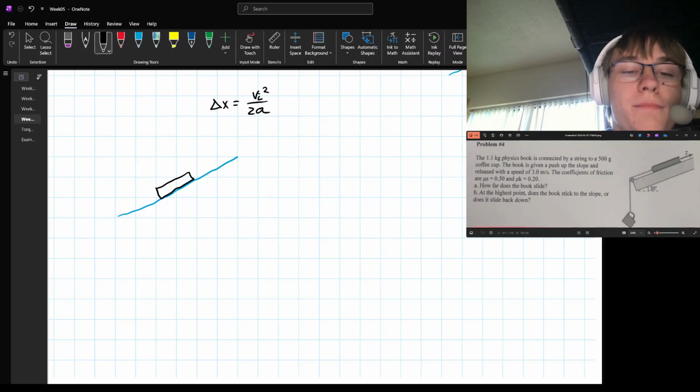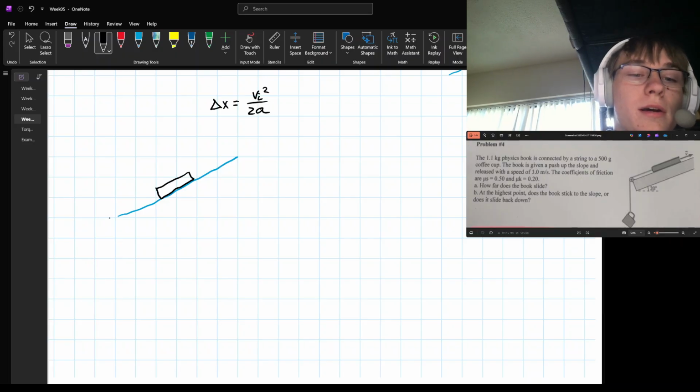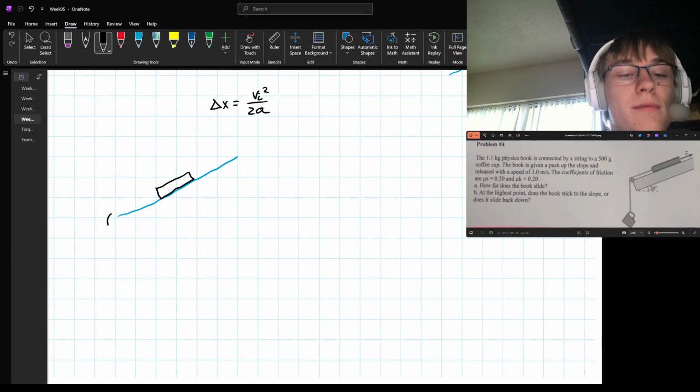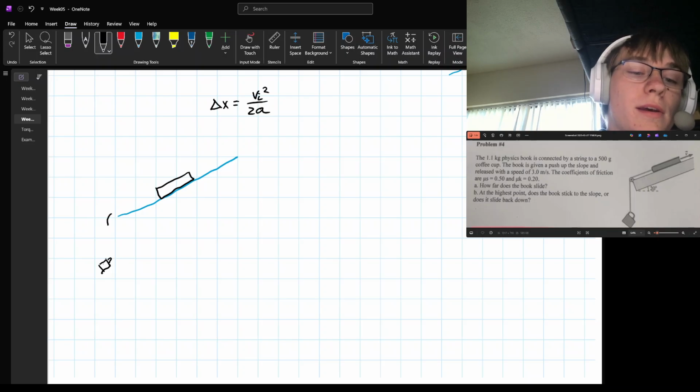Pulleys, I like to draw as a little curve. I don't know why, I just do. We'll make our mug, drawn like a little square with a handle. That mug doesn't really matter for this problem, but we'll give it an arrow upwards and an arrow downwards.